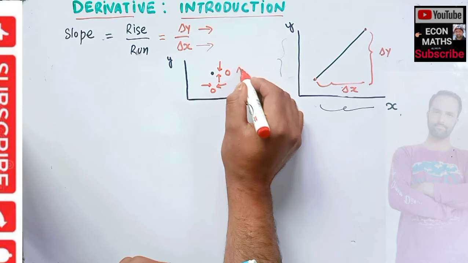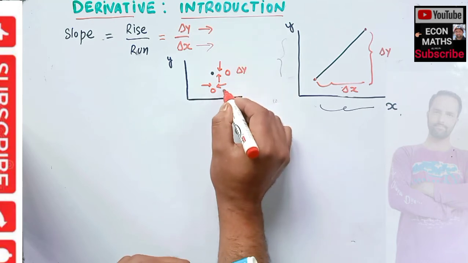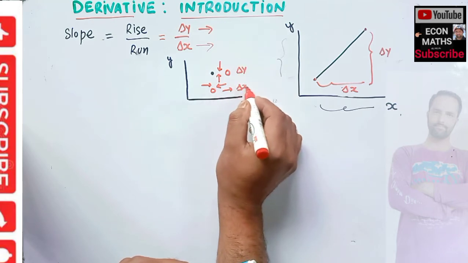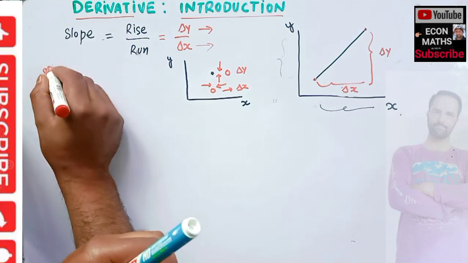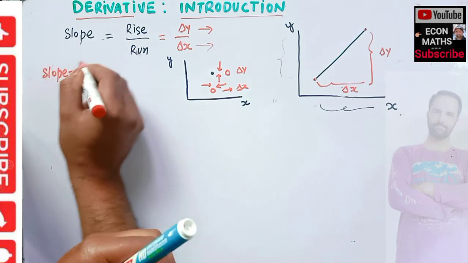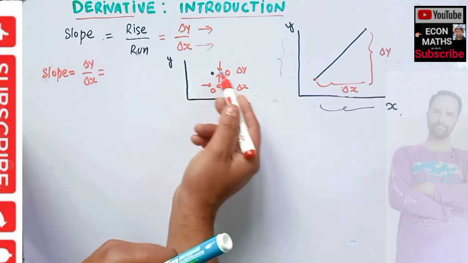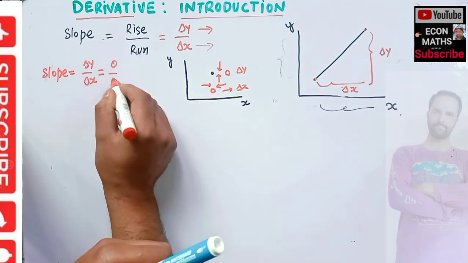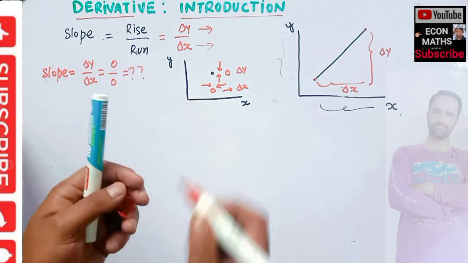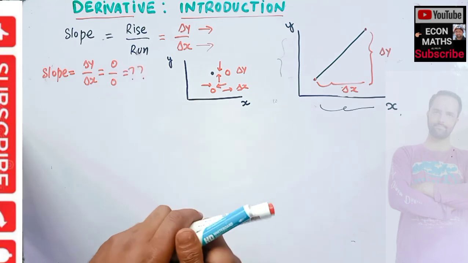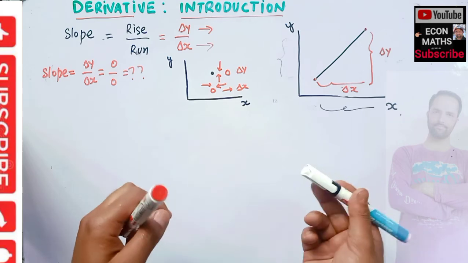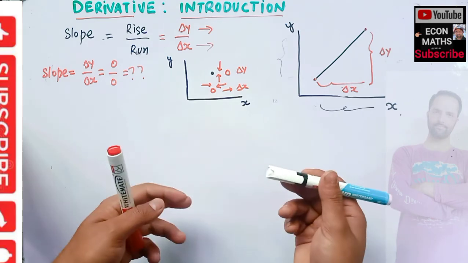That means del y is equal to 0 and del x is also equal to 0. If I write slope is equal to del y upon del x for a point, it comes out to be 0 upon 0. Can we find out the slope in this way?